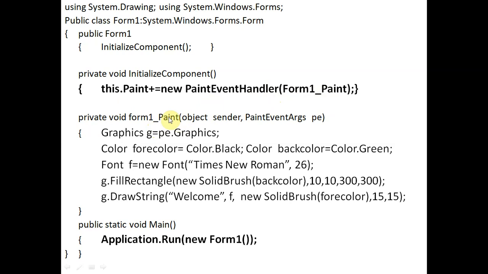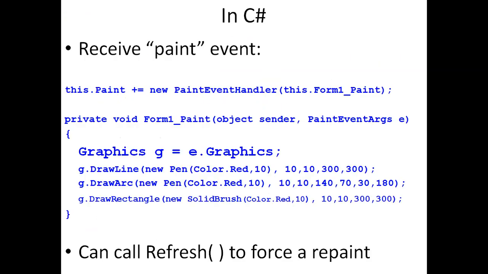The event will be applied on this paint function. So that's why we have given this PaintEventHandler as an argument. So you can see here this.Paint += new PaintEventHandler, Form_Paint.